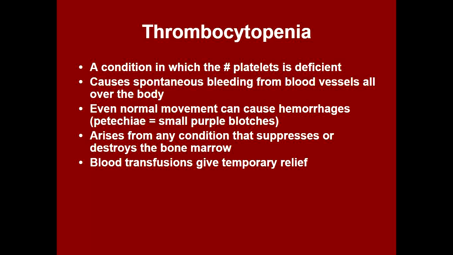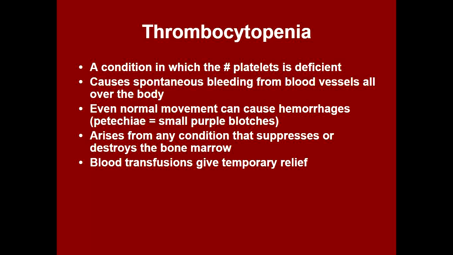Thrombocytopenia is a condition where you just don't have enough platelets. If you're watching the medical shows, you'll hear them say, we need platelets or packed platelets, because they actually have units of just platelets to give to individuals who are having trouble stopping bleeding during a surgery or after an accident.